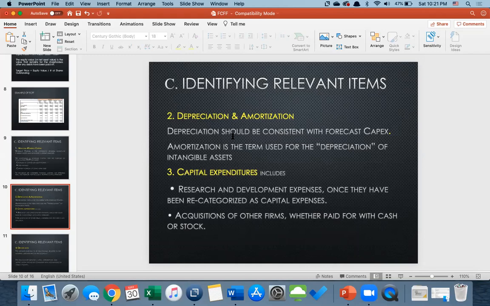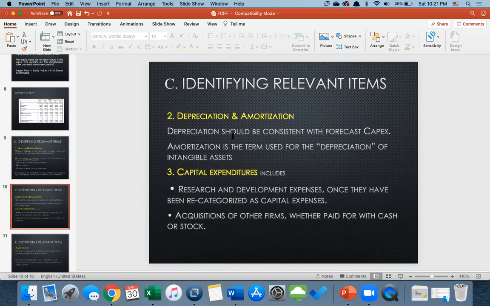So it should be consistent with what we forecast for the capital expenditure. We couldn't depreciate something before we spend that amount of money to build it or buy it.